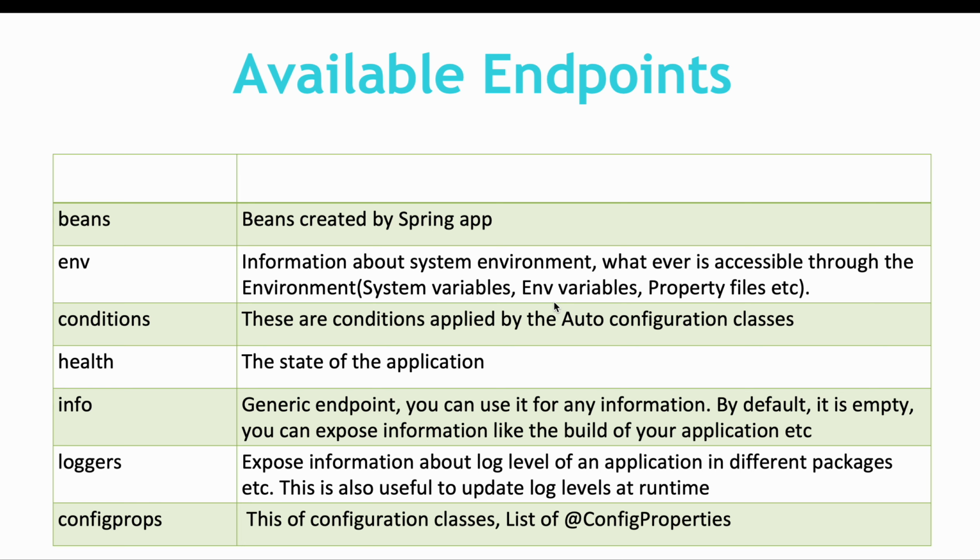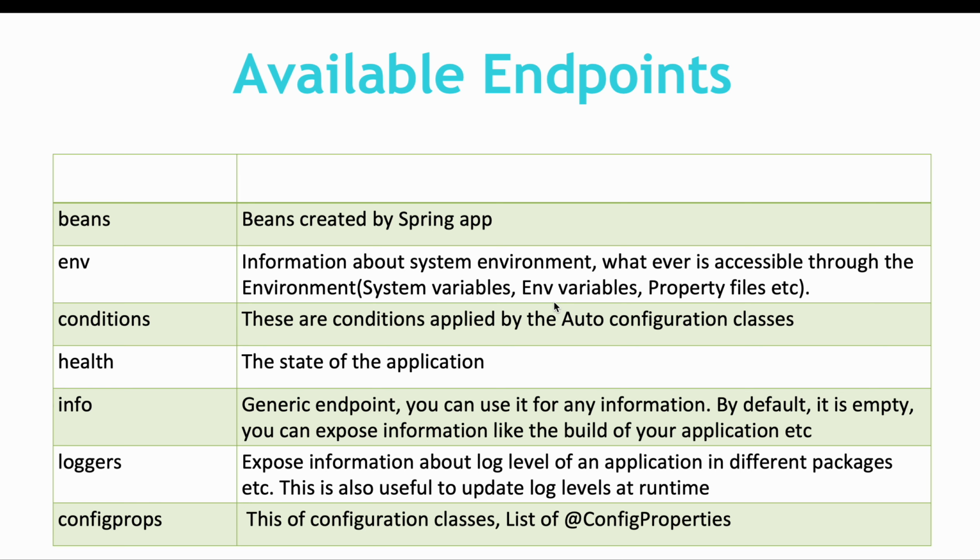Then you have the loggers endpoint, which exposes information about the log level of your application, log levels in different packages, etc. And this endpoint is also useful when you want to update your log levels at runtime, as we will see during the demonstration of the Spring actuator.